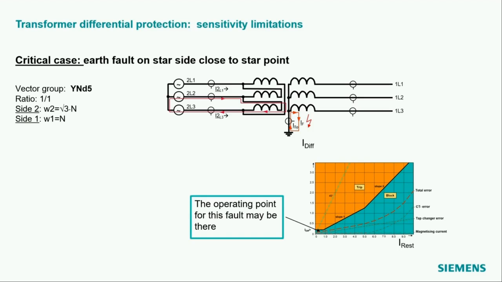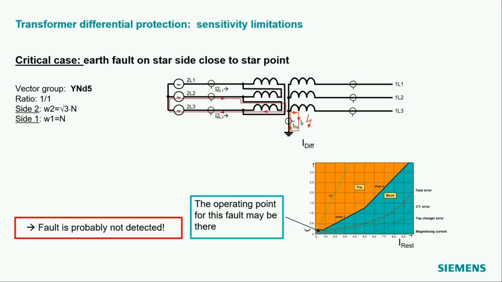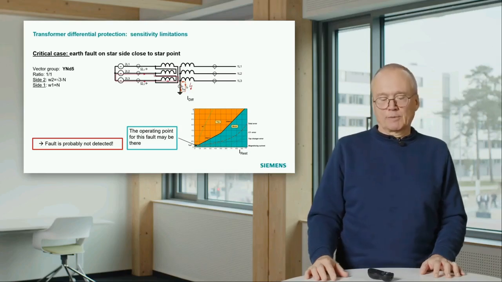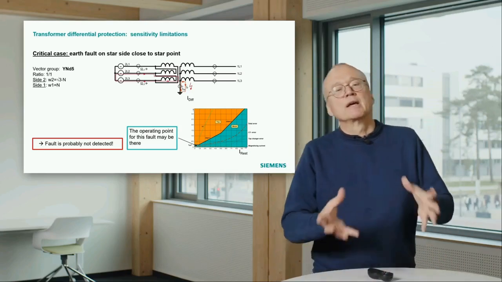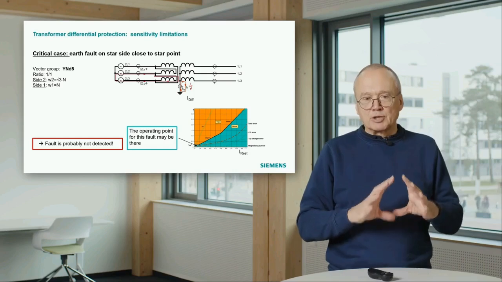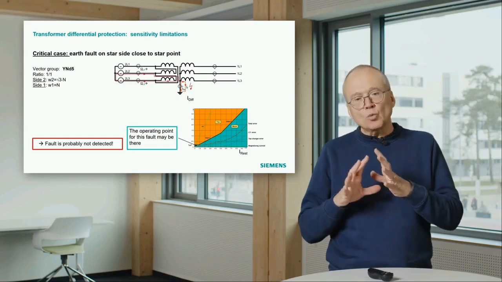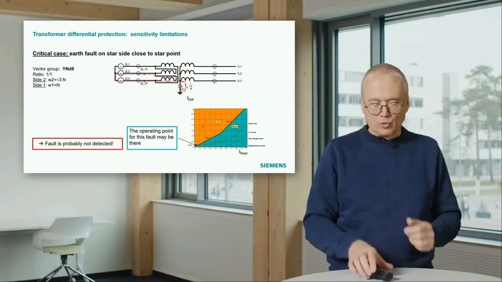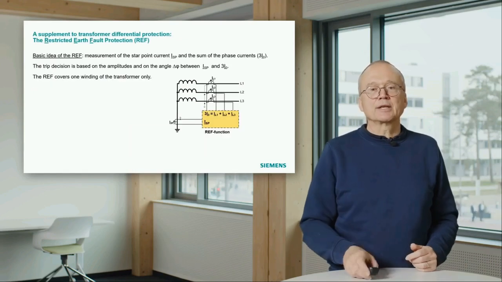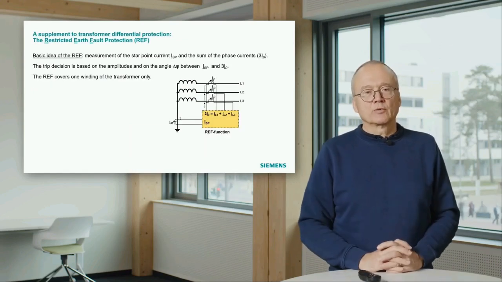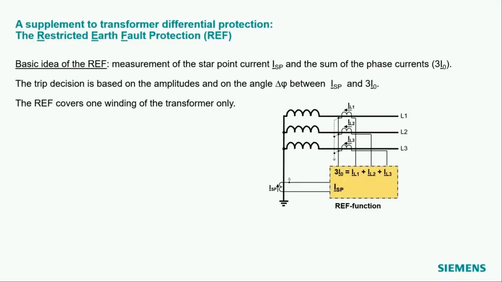That means a normal differential protection would not trip on this fault. And for that reason, you find in many transformer protection applications a special protection scheme which has been tuned into this direction, and that is the so-called restricted earth fault protection.